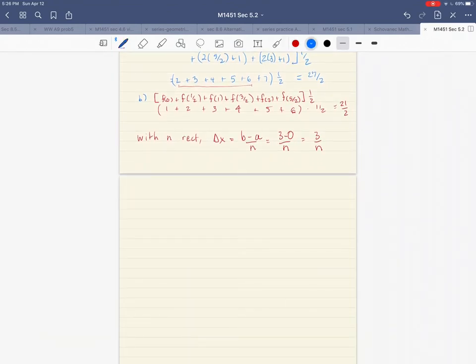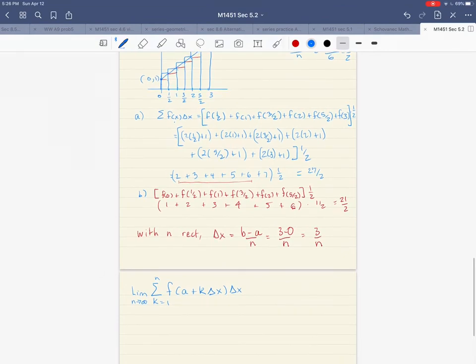Okay, and my plan is to write the sum of f of a plus k times delta x multiplied by delta x. Let k go from 1 to n, and then take the limit as n goes to infinity.